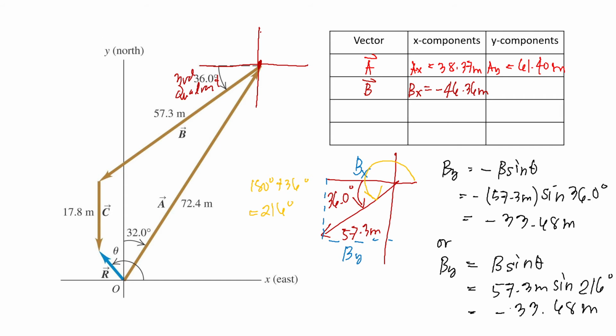Again, whatever angle you are going to use in your problem solving, you should get the same answer, because you just have the same vector that you're calculating. Let me put it on our table. Your by is equal to negative 33.68 meters.